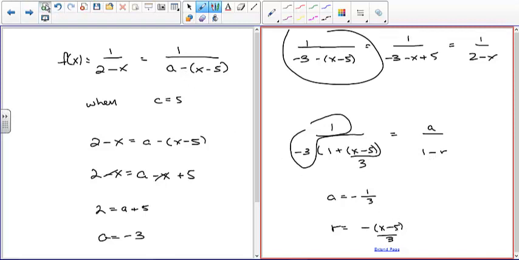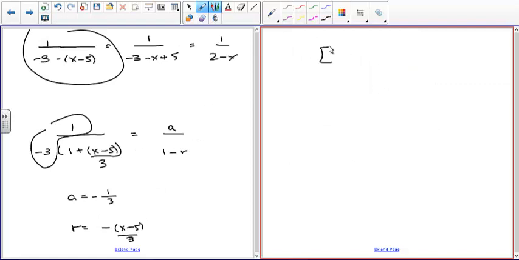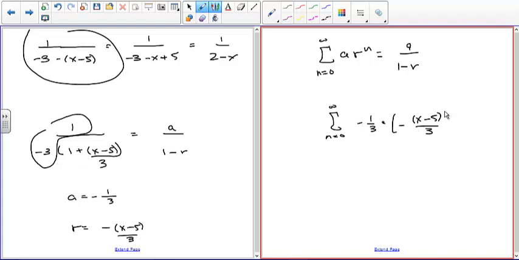Then the geometric series says that the summation from n equals 0 to infinity of a times r to the n is equal to a over 1 minus r. So I can go backwards and use the values I've derived here by putting the right-hand side of the equation in a form such as this. So a is negative 1/3, and then you multiply that by r, which is negative x minus 5 over 3, to the n power.